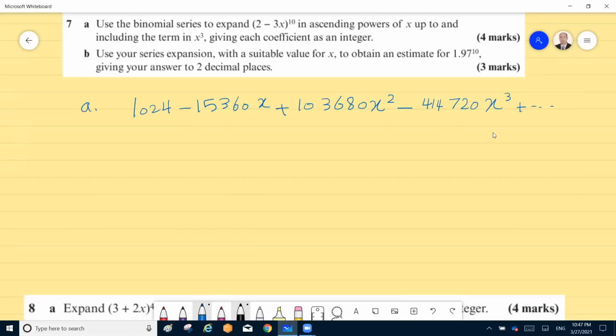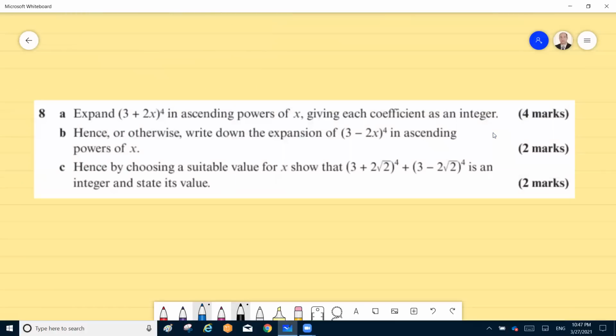And the value after substitution, number B, of course, you will get x is 0.01, and the value of 1.97 to the power of 10, you will get by direct substitution in this expansion, is 880.36. This is the value of this answer.